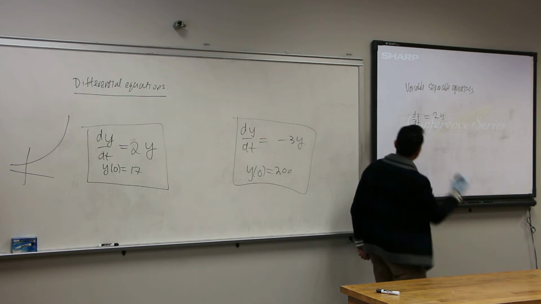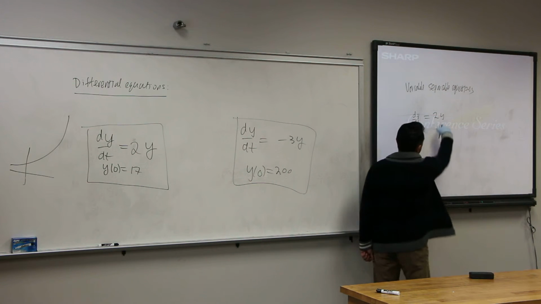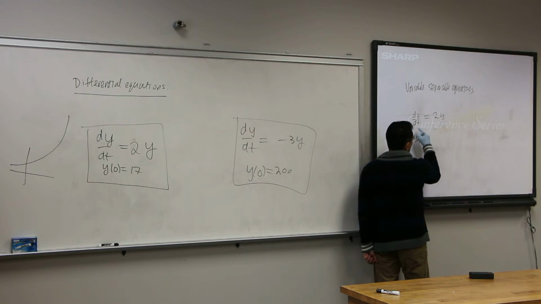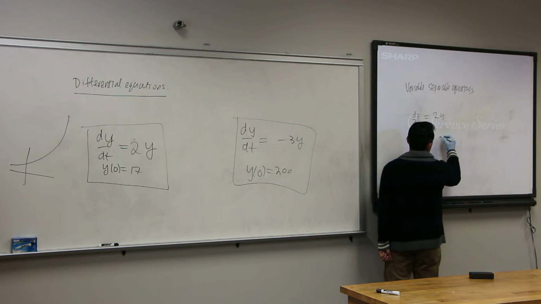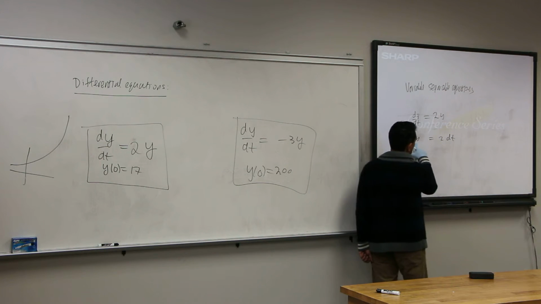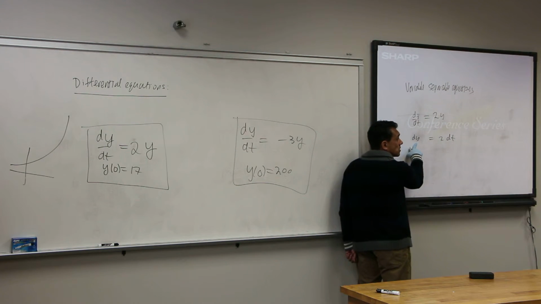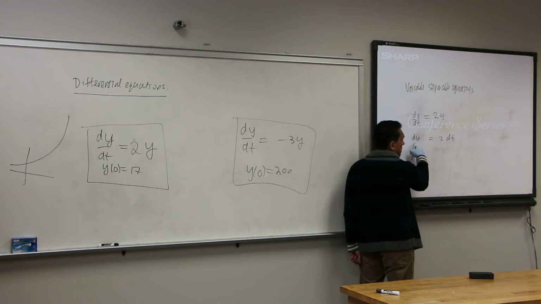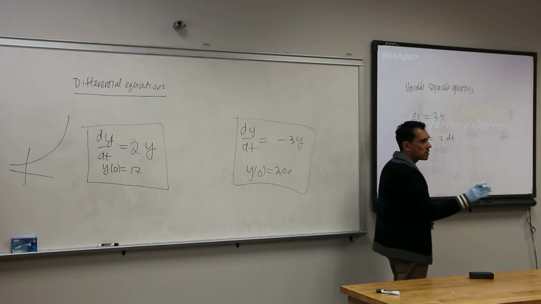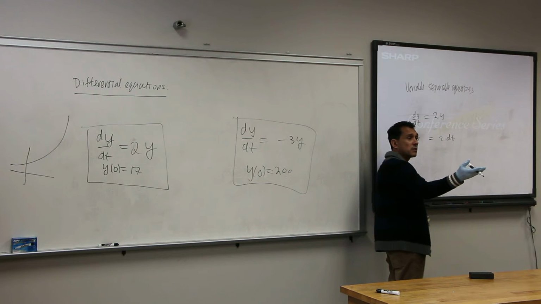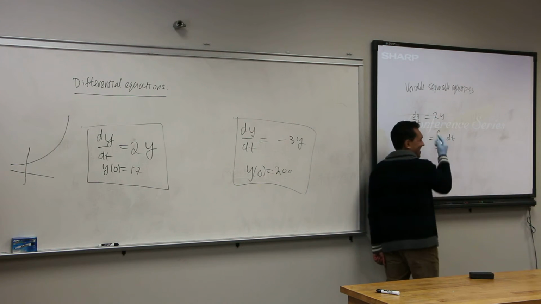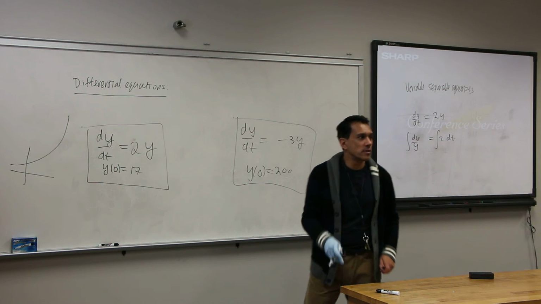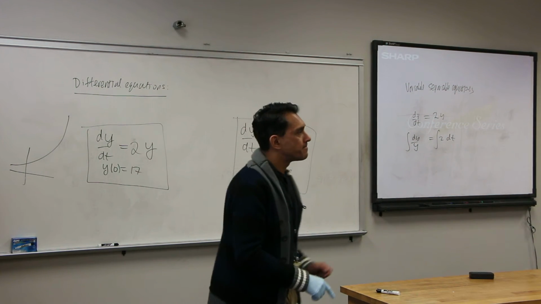dy by dt is equal to 2y. So let's take the thing with the y's here and the thing with t's on that side. Let's leave the 2 there. Well, this is not kosher. How do you make this kosher? Now it's kosher.